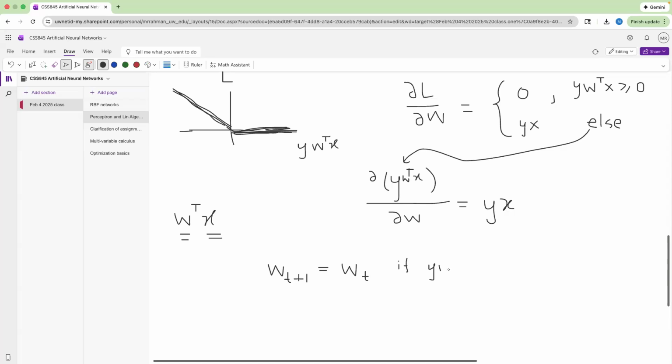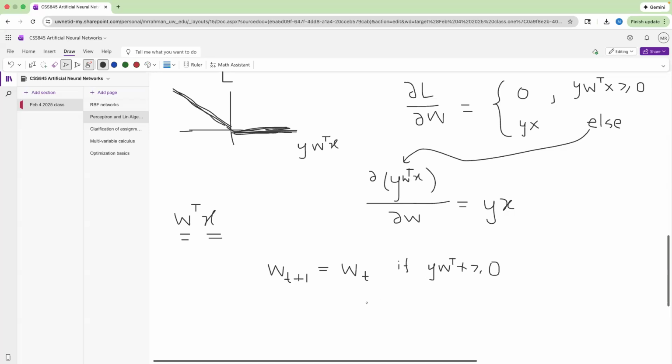So if y W transpose x is greater or equal to 0, and we know that's the rule where if you don't find any point that is misclassified, then we just don't change anything.